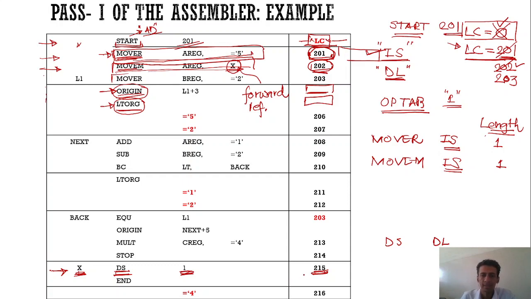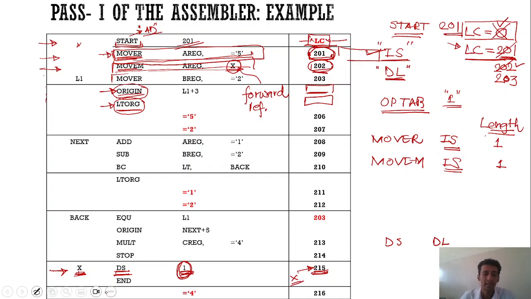So it means X is pointing to the memory location 215, and as the operand of the DS instruction is 1, it means only one memory location is declared for this symbol X.